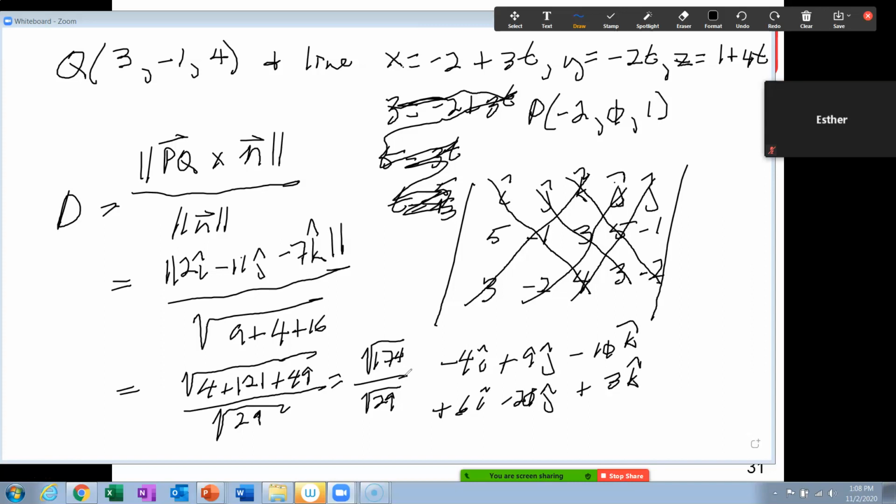The square root of 174 divided by the square root of 29 equals something on the order of 32.5. That's a pretty big number, so I did something wrong.